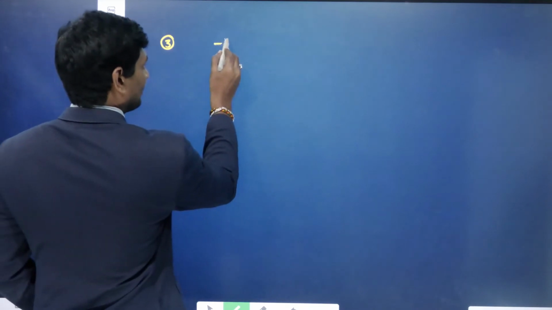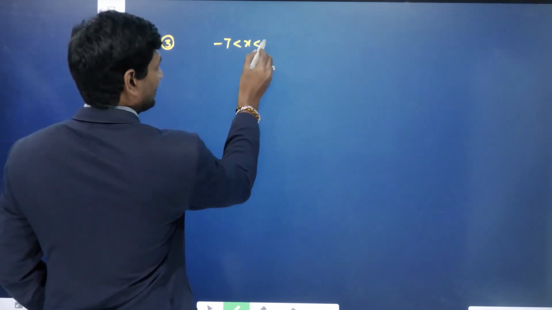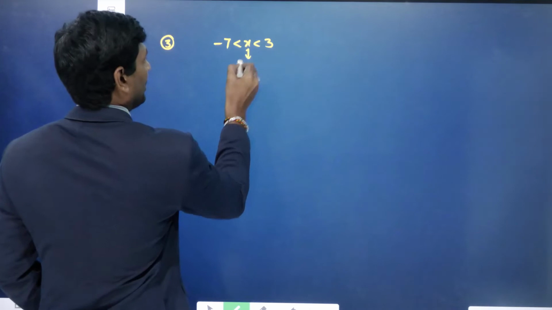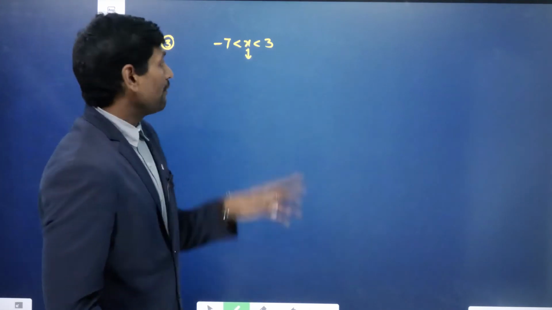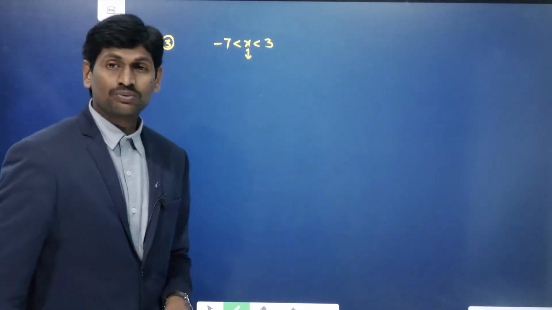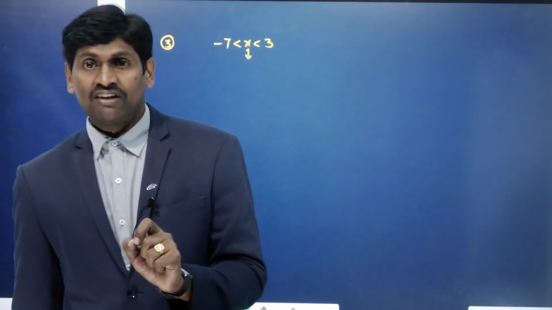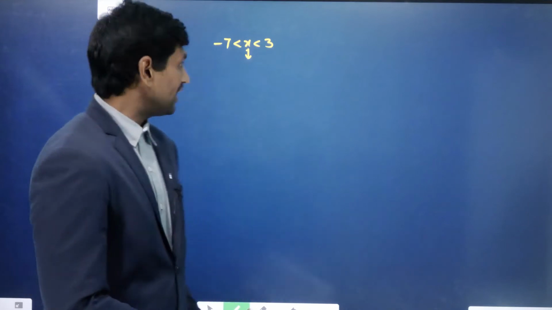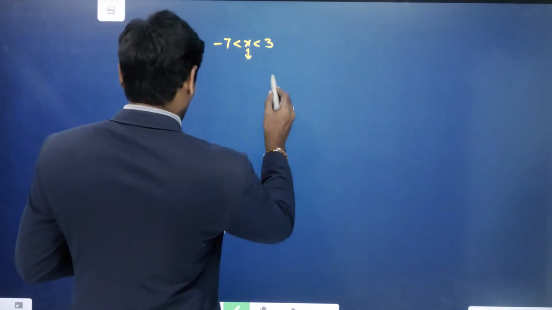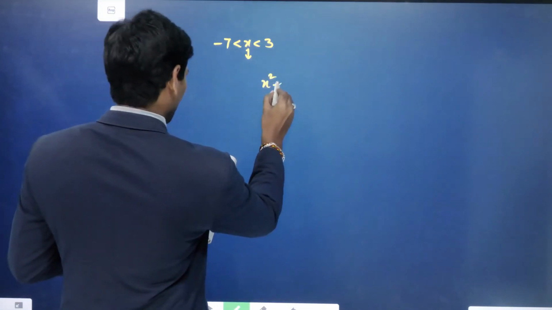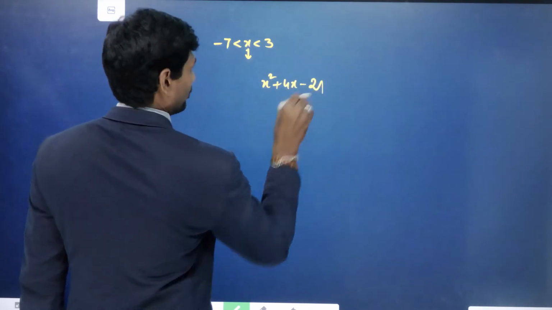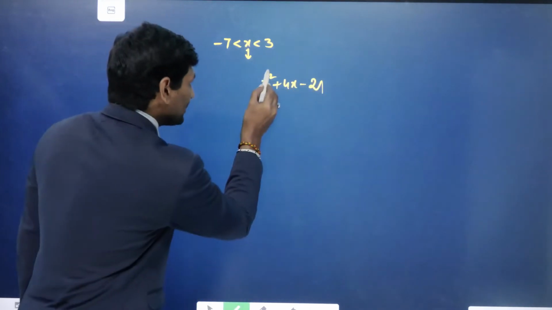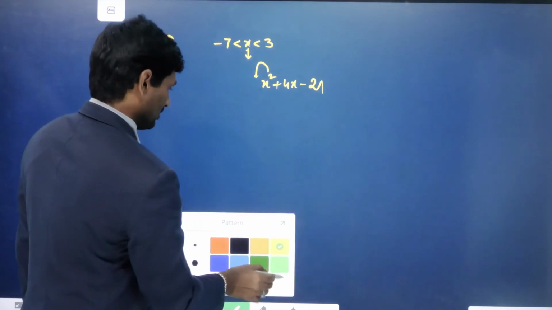What is question number 3? If minus 7 less than x less than 3, that means the x value is between the roots. Between the roots, what is the condition? A value and the entire expression having opposite sign. Let us see that. Entire expression is x square plus 4x minus 21. What is the x square coefficient?